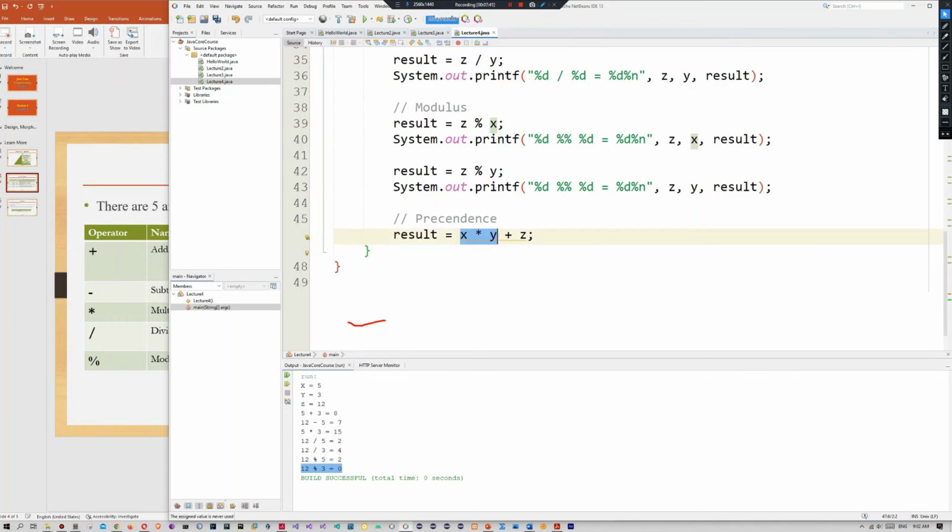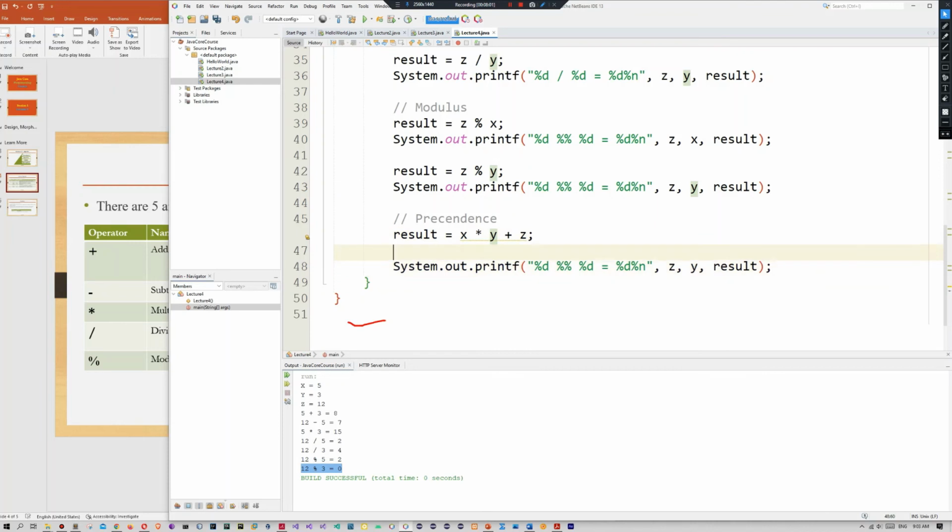So these two operators operate first and this one operates later. So 5 multiplied by 3 will be 15 and plus 12 should be 27.